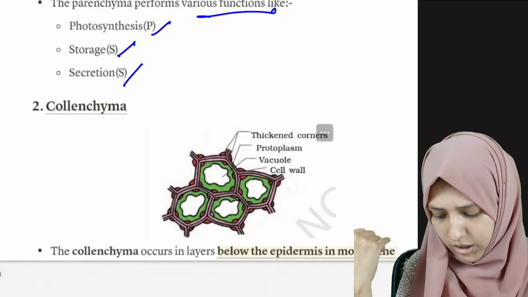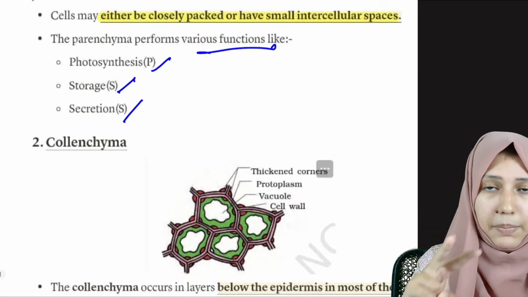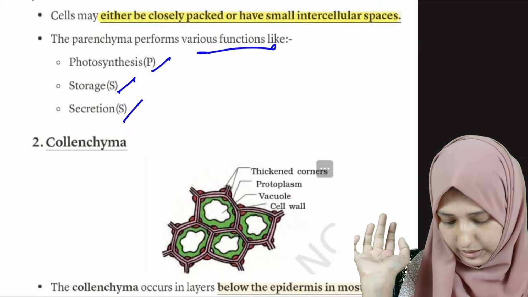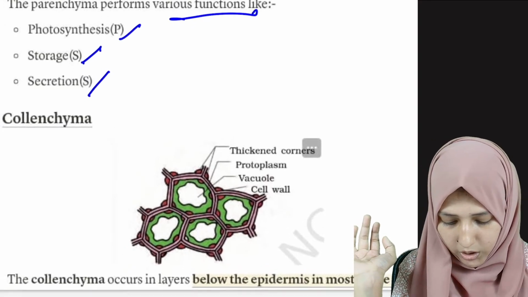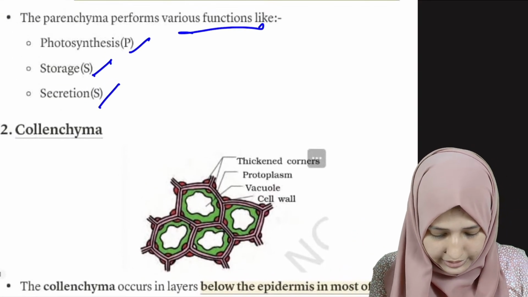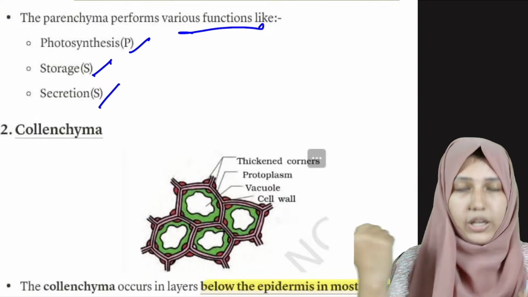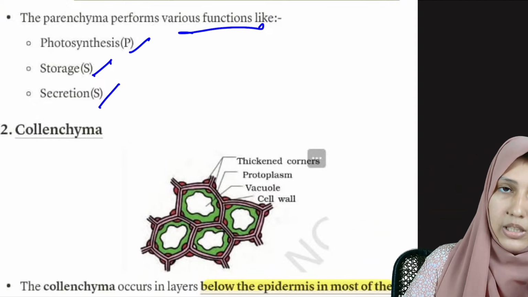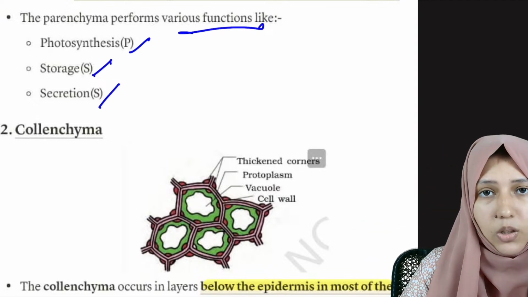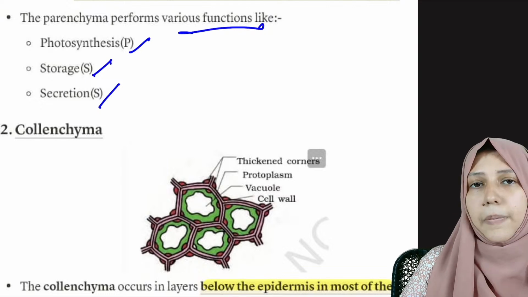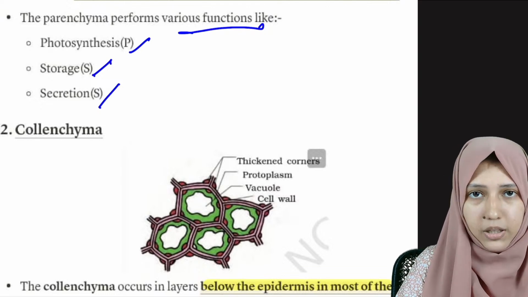Clear? Now coming into the second type of simple permanent tissue, it is collenchyma. Collenchyma occurs in layers below the epidermis. Where parenchyma was seen in the majority of places, collenchyma is present in the layer which is below the epidermis. Clear?